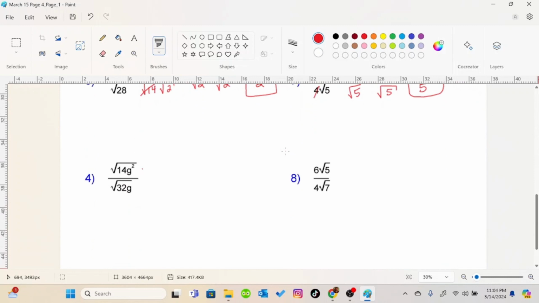Number 4. Square root of 14g squared can be rewritten as square root of 7 times the square root of 2 times the square root of g squared.